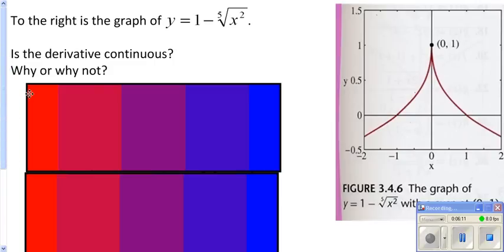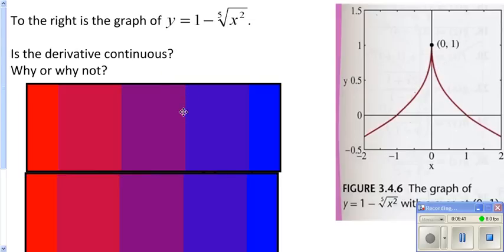So here we have a graph of our function. Is it going to be continuous for your derivative? Well, it has a sharp point in your curve, which you should remember is a cusp. You should remember from your definition of a cusp, that's a sharp point in your curve in which your derivative is discontinuous, which means your derivative does not exist there.